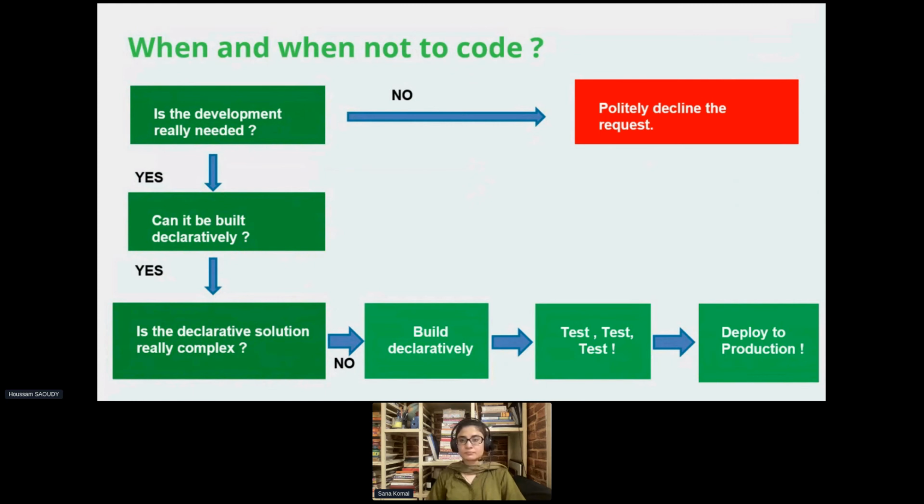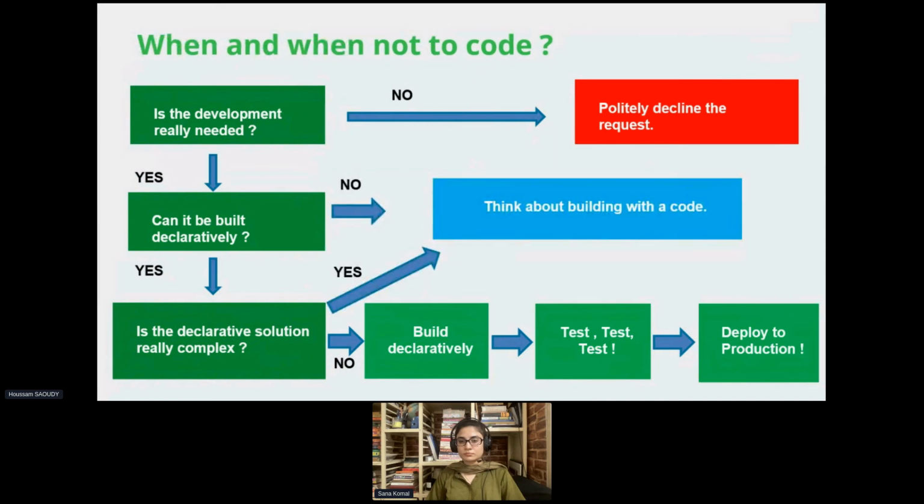But what if the declarative solution is really complex, or we can't build it with declarative tools? So stop and think about building your feature with code. Use Apex when you need more functionality than is available in Process Builder or Flow Builder.